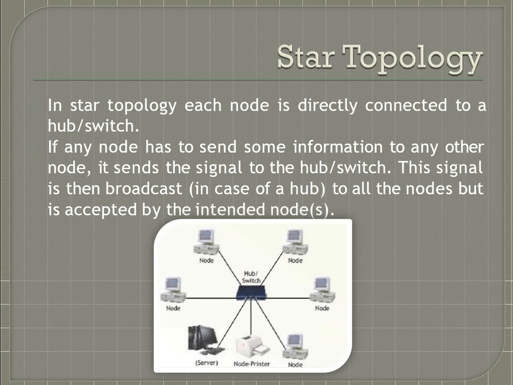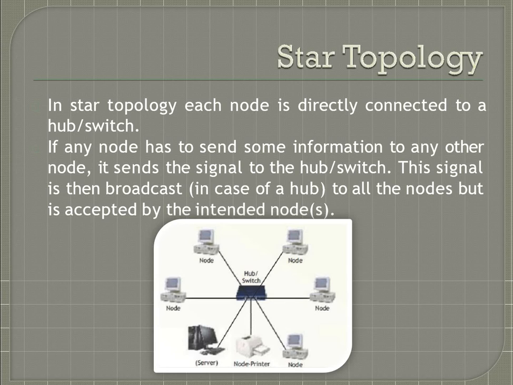If the data is required to be sent from one computer and received by another computer, this will take place only with the help of the central controller, as each data is first sent to the hub only, which then releases it to the destination computer.